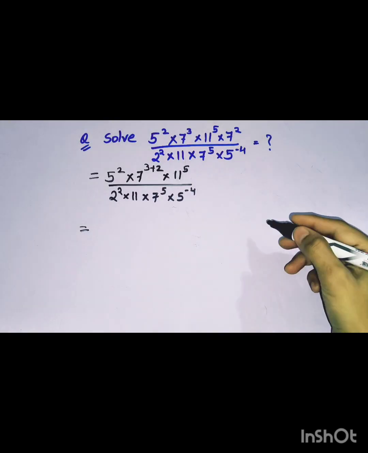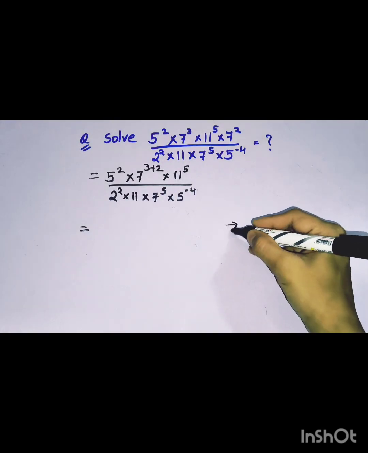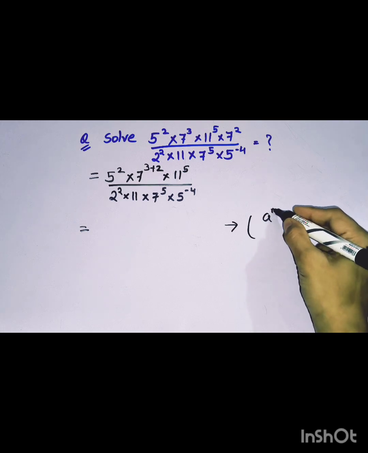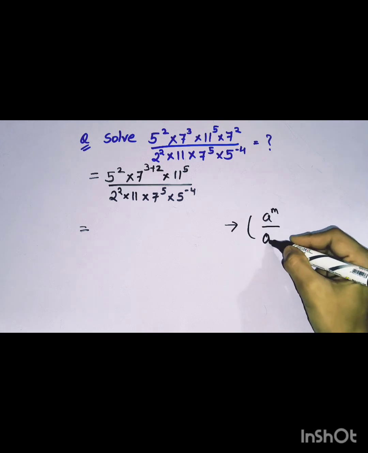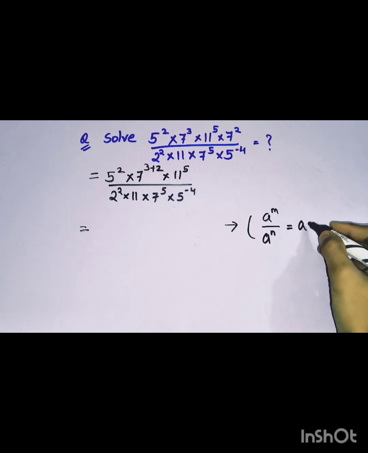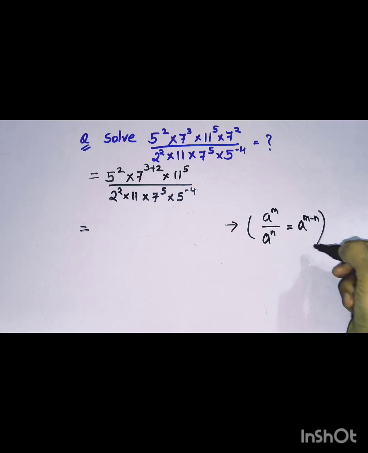now we'll apply another exponent rule, that is a to the power m divided by a to the power n, then I can write a to the power m minus n. Okay, so we'll apply this rule.